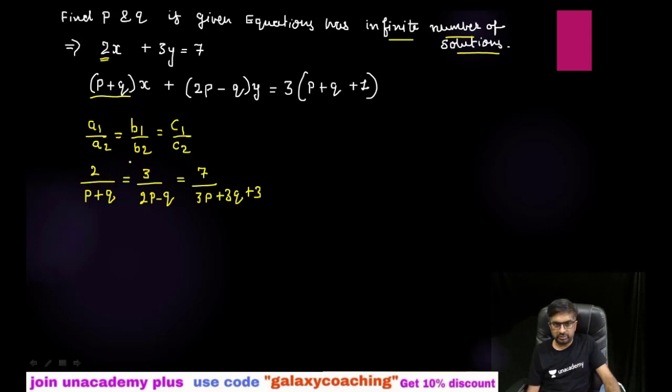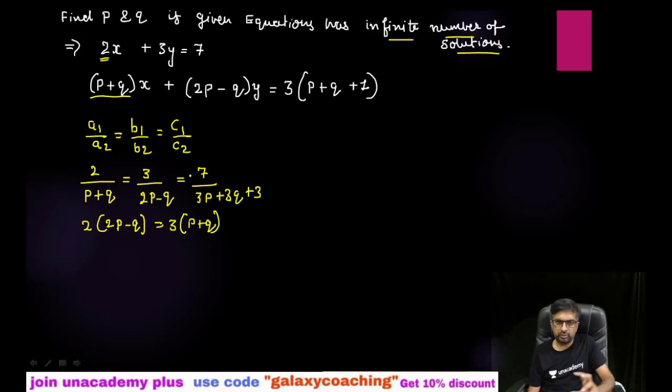How? By cross multiplying: take this here and take this here. So I multiply 2 with 2p minus q equals 3 with p plus q. You will get one equation out of these two ratios because they are equal.